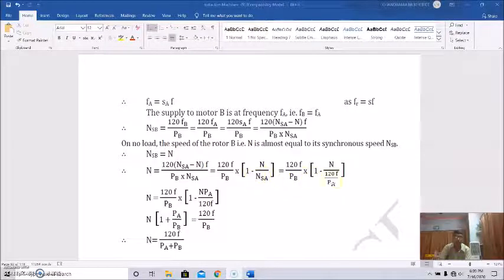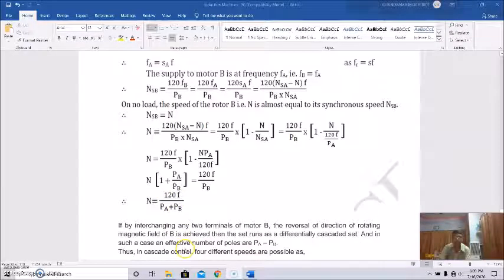Now put NSA = 120F/Pa, so N = 120F/Pb times (1 - N Pa/120F). By simplification, N, the speed of the cascaded set, is 120F/(Pa + Pb).